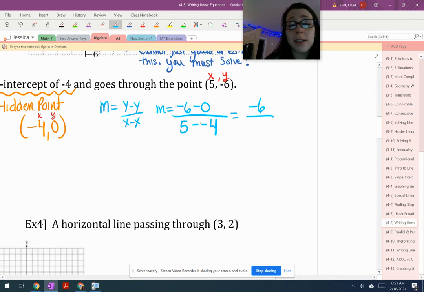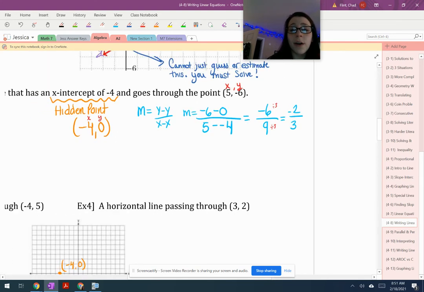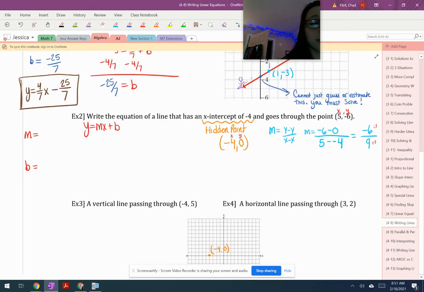And 5 minus -4 turns into a 9, which can be simplified to -2/3 because you are dividing both of those by 3. All right, so I've got a slope of -2/3 to work with.